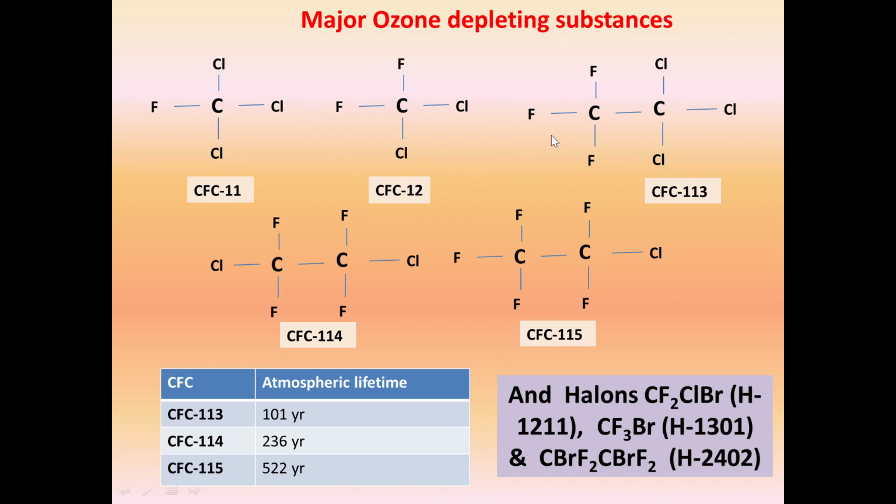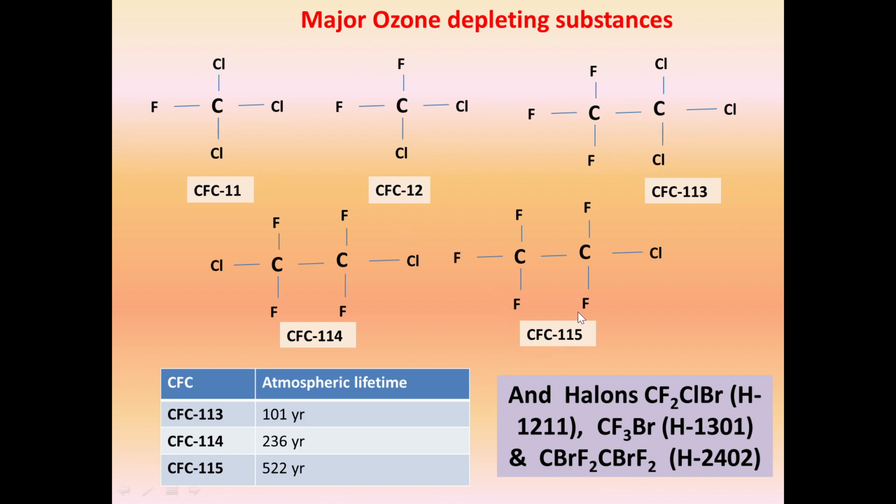A very easy trick: when it comes to CFC113, just keep in mind that there should be 3 chlorine and 3 fluorine. When it comes to CFC114, there should be 4 fluorine and 2 chlorine attached to carbon.